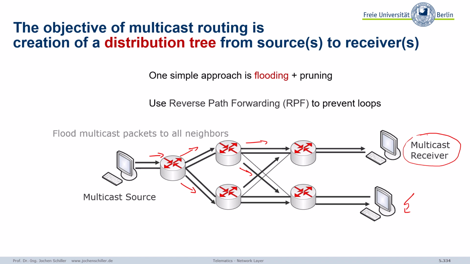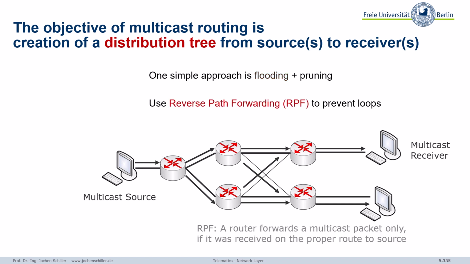We have to cut certain paths. And how is this done? Well, the point is, and this is the reverse path forwarding, the router forwards a multicast packet only if it was received on the proper route to the source. So for example, forwarding packets here has not been done on the proper route to the source.